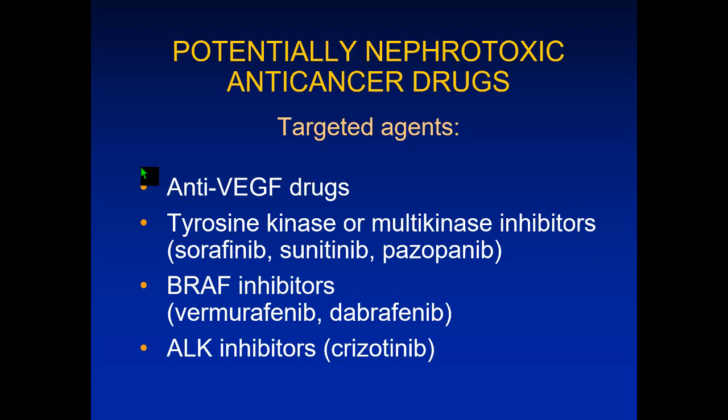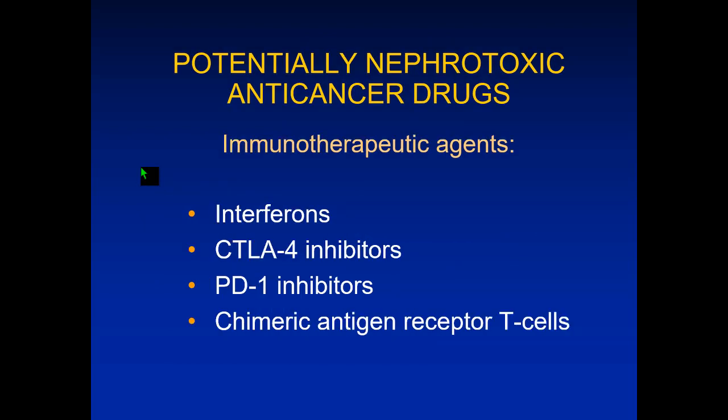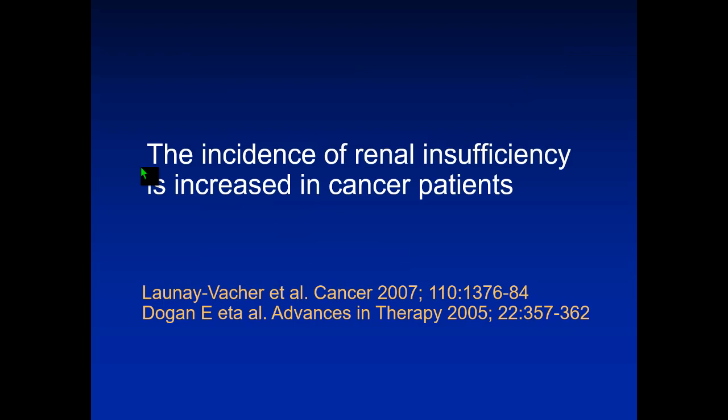Anti-VEGF drugs, tyrosine kinase and multikinase inhibitors, BRAF inhibitors, and ALK inhibitors can have a negative effect on the kidneys. And also immunotherapeutic agents, such as interferons, CTLA-4 inhibitors, PD-1 inhibitors, and chimeric antigen receptor T cells. So there are many drugs being used on our cancer patients that can affect their renal function.